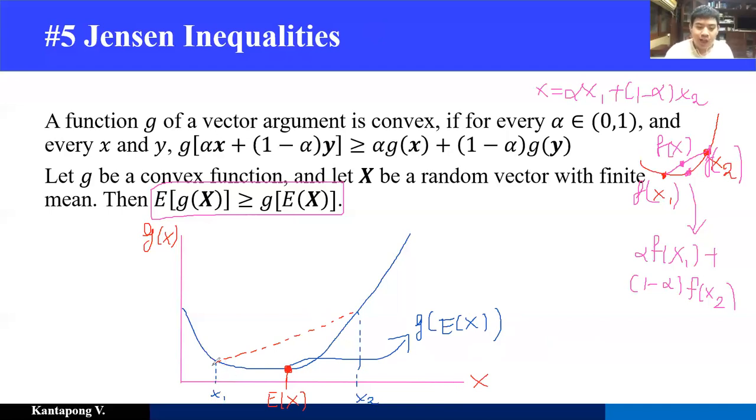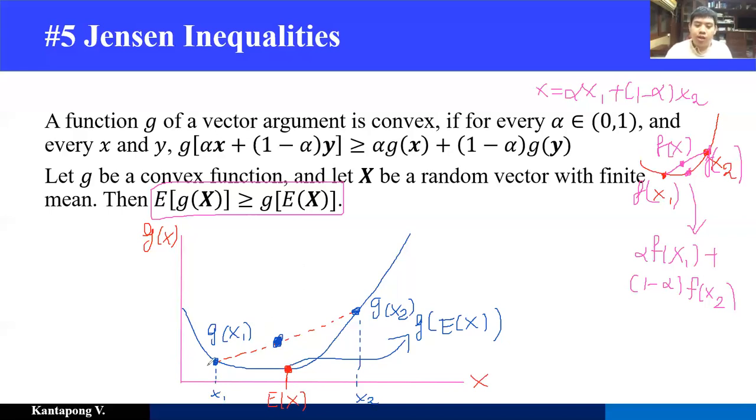We have to take the average between g of X1 and g of X2. By taking the average, it's going to be somewhere at this point.